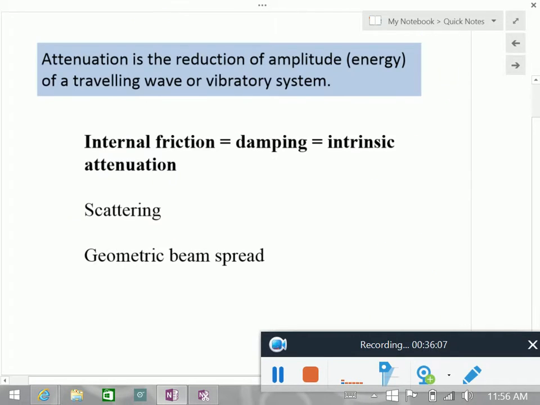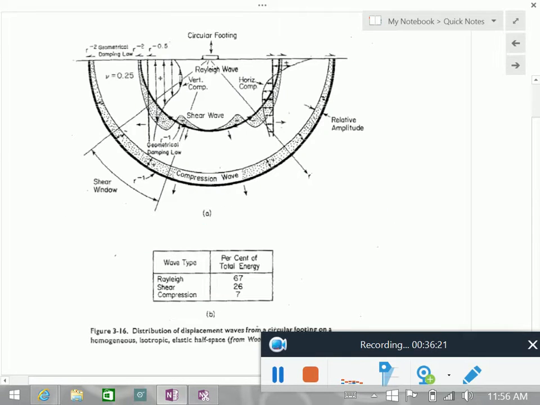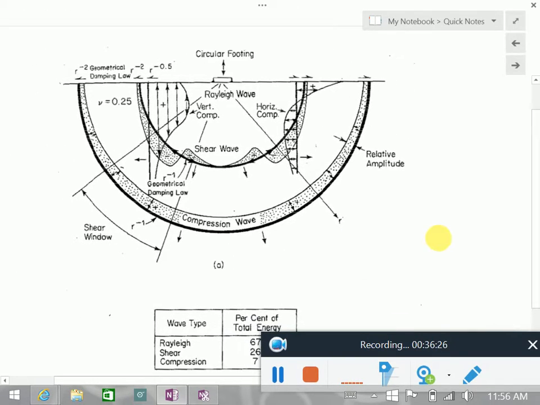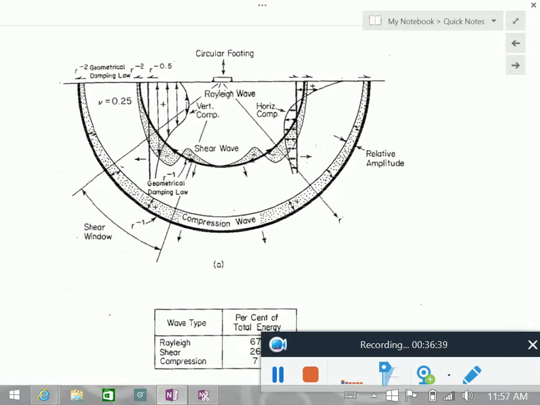So why I'm saying that, because we want to look a little bit into attenuation that you experimentally looked at. Let's look here first. When we have any kind of impact, or when we input some energy into the material, so here is, let's say, where your hammer is.